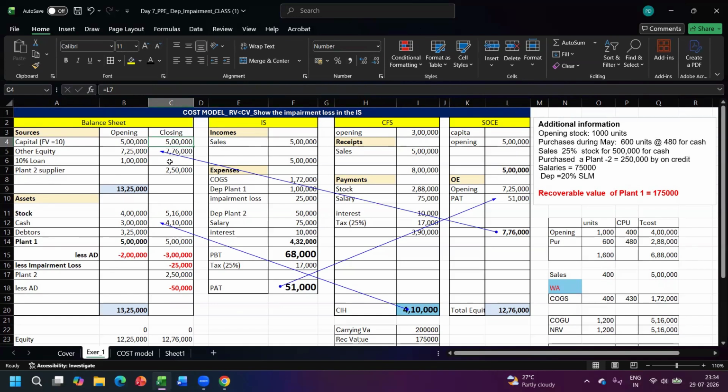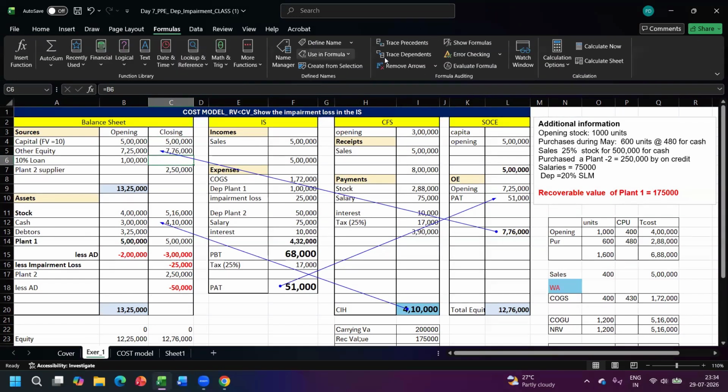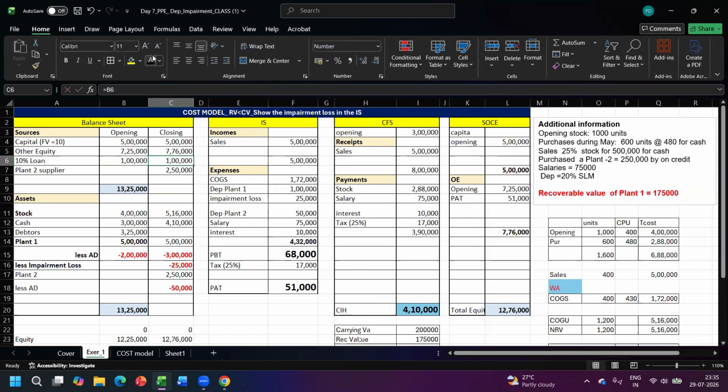And no change during this period, the company did not pay off this loan, nor did it take any new loan. So therefore, the loan will continue to appear on the balance sheet, and the total assets, total sources is 16,26,000. No change in the debtors.